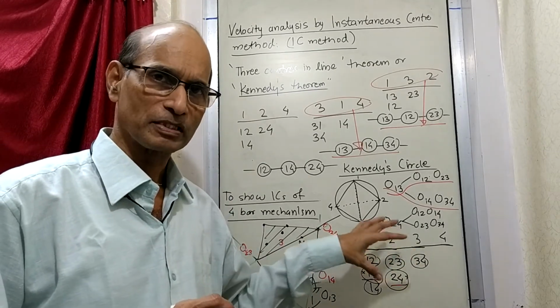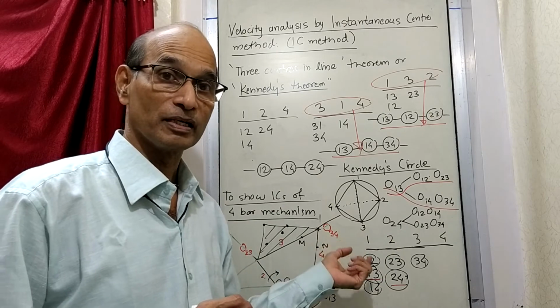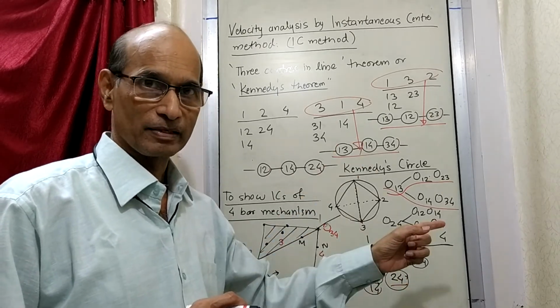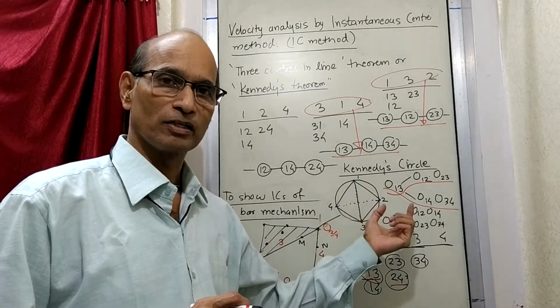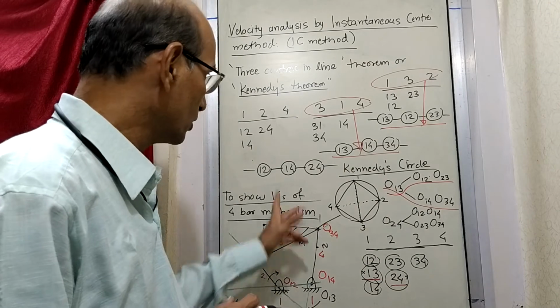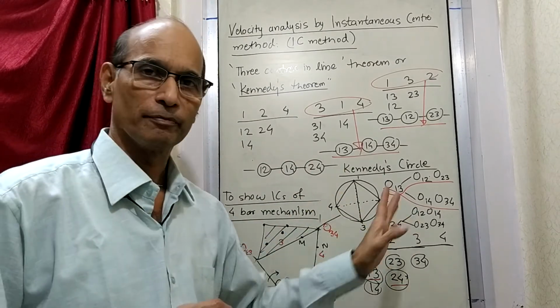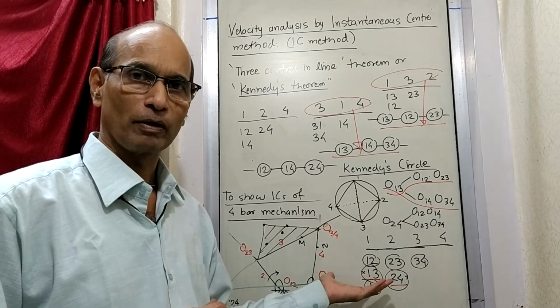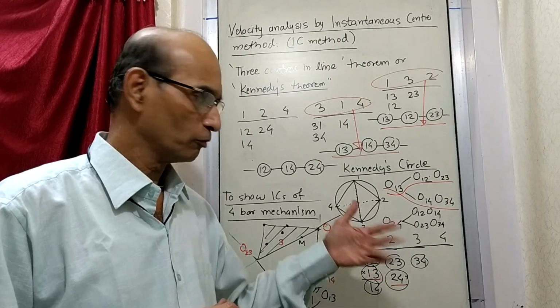There is one more option still remaining: how to find out the instantaneous center of a slider. If you take a slider and crank mechanism, how do you find out the instantaneous center of a slider? That part remains. But for this kind of mechanism, we have learned how to find out the different ICs. Okay, so let us learn up to this much, try to understand whatever we discussed today, and then we will go to the next part.